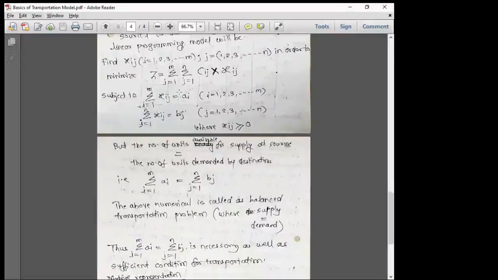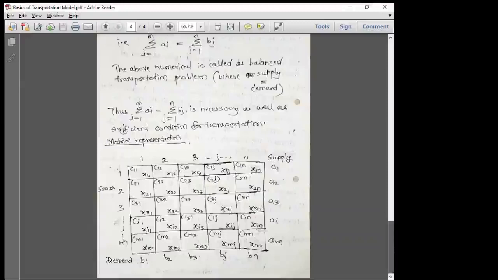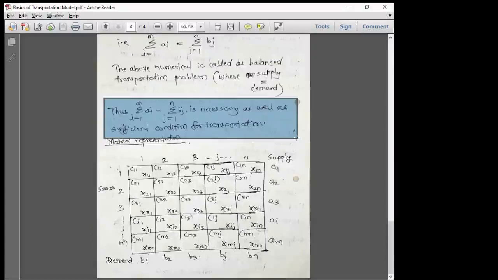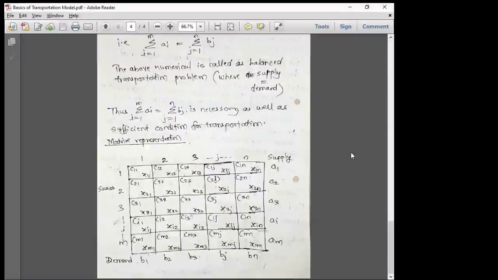That means my total supply is equal to the total demand, which is represented here, and hence it is called the balanced transportation problem, right? This relationship, that the total demand is equal to the total supply, is a necessary as well as sufficient condition for the transportation model, right?